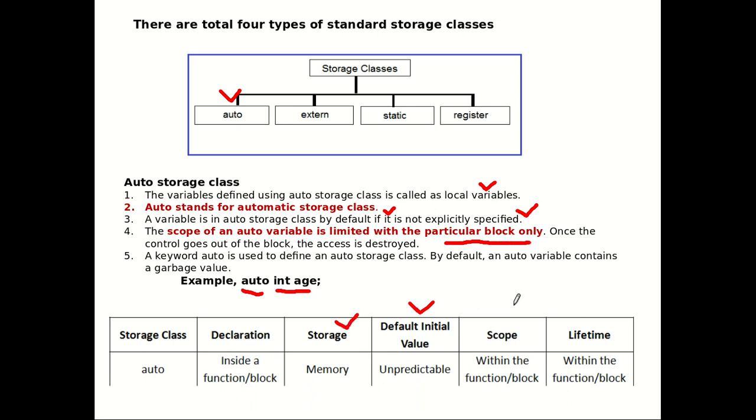The scope of that variable is within a function or a block. Once the control comes out from that block or function, the variable is no more available, so it is immediately destroyed. So the lifetime of that variable is within a function or block. The declaration of auto variables is usually done in a function or some block.